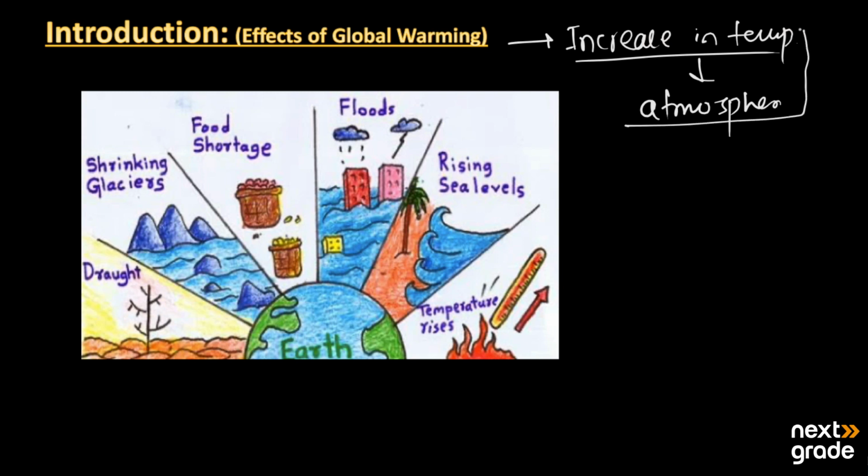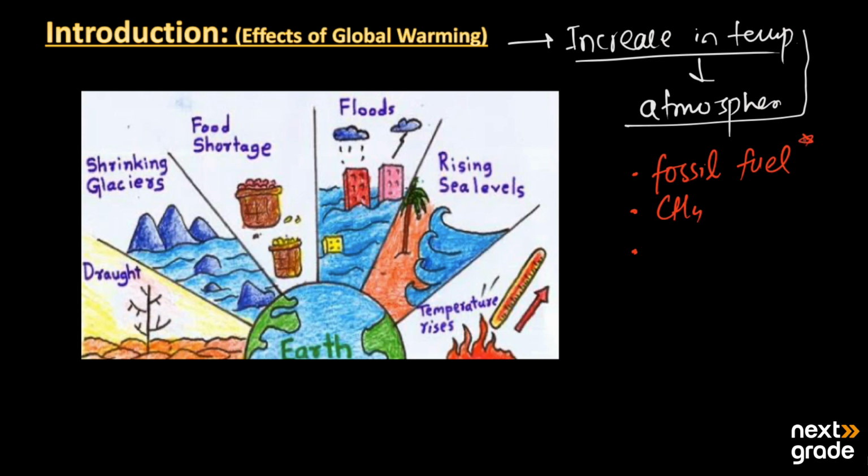This increase of temperature is because of some different things, in which the first one is the burning of fossil fuels, then the burning of natural gas, then the exhaust from automobiles, which includes the burning of fossil fuels.